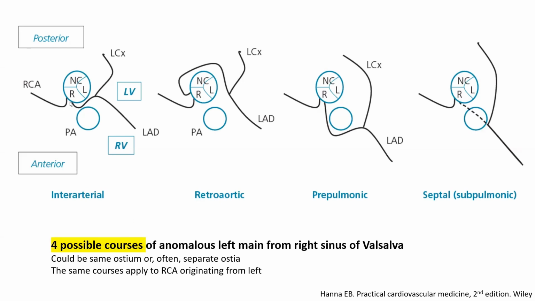Another important idea here is when we're talking anomalous coronary from contralateral sinus, it could be arising from the very same ostium as the RCA, or from a separate ostium, usually in the neighborhood, so much so that a non-selective puff contrast injection can allow you to see that coronary and allow you to further target your catheters toward it. That picture applies to all anomalous left from the right, but also anomalous right from the left, but also anomalous left circumflex from the right, or anomalous LAD from the right.